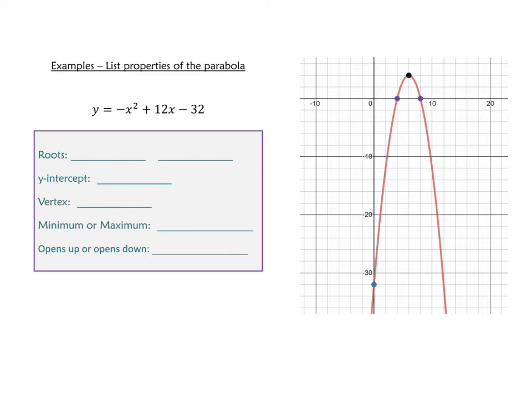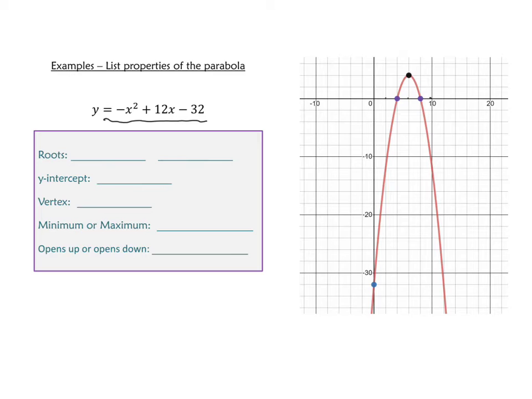Here is our first graph. Here is our first quadratic equation. Negative x squared plus 12x minus 32. If we look closely, we can tell from this graph that each line represents 2 because it's 2, 4, 6, 8, 10.